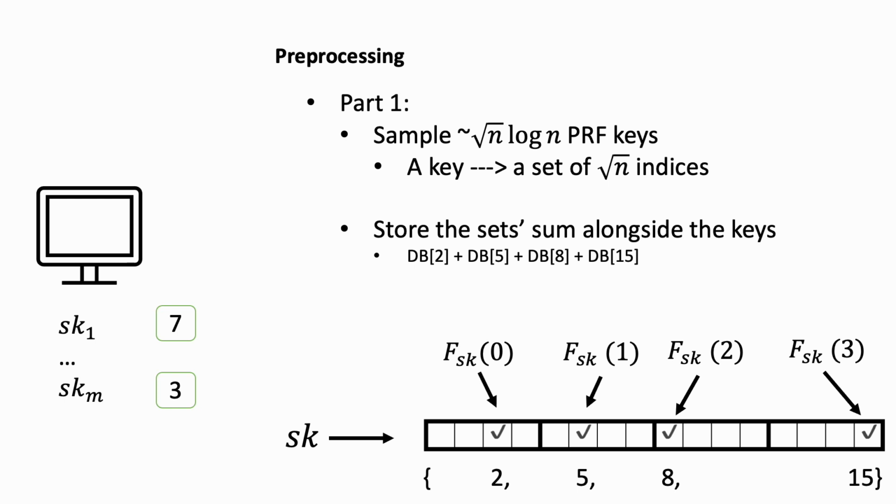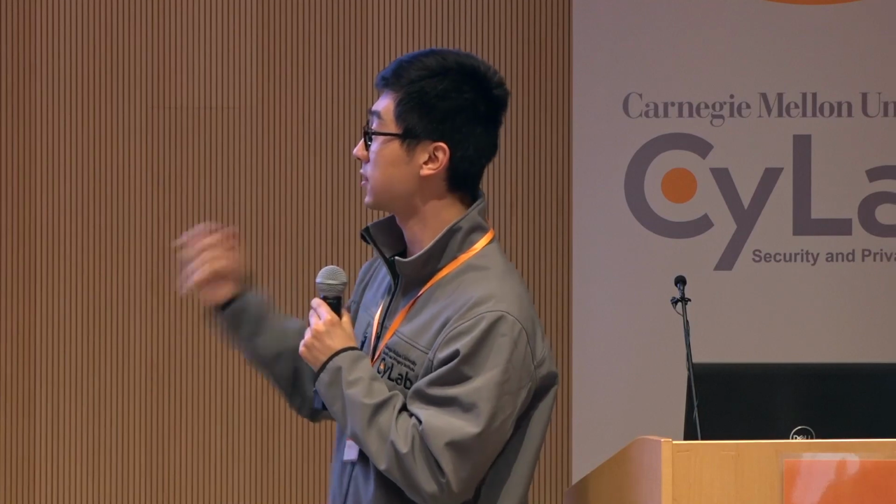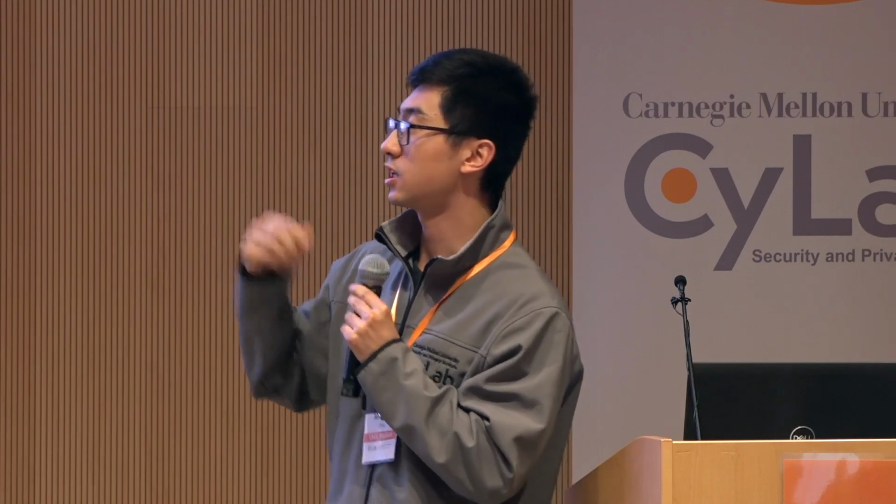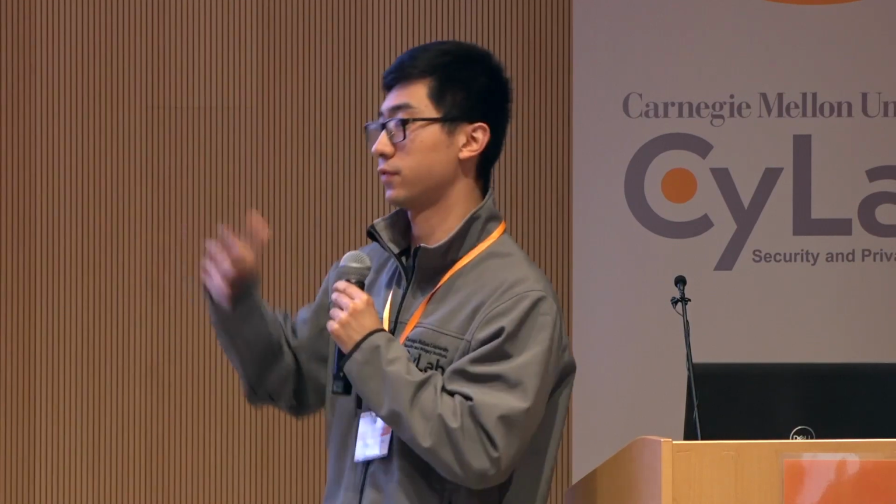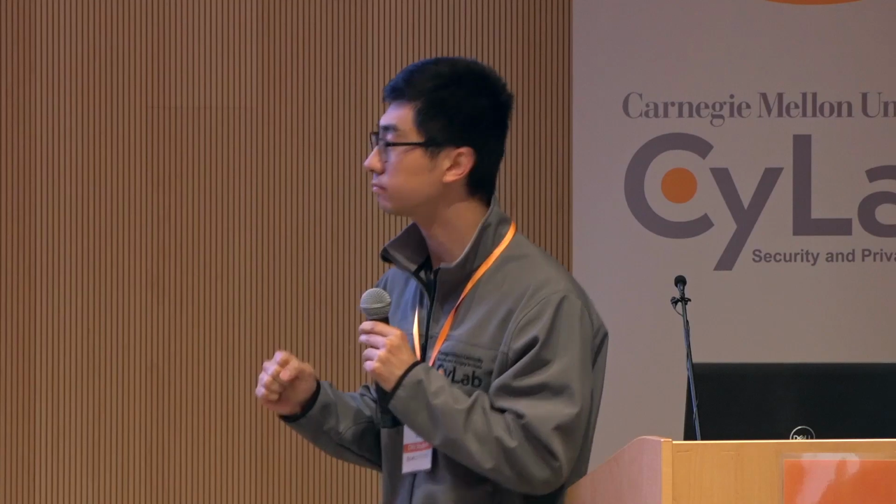So for every key, you can expand it to a set of √n random indices. And then the client needs to store the set sum alongside the keys. When I say the set sum, it simply means that the client expands the keys into the set, and then computes the database value sum of those sets.